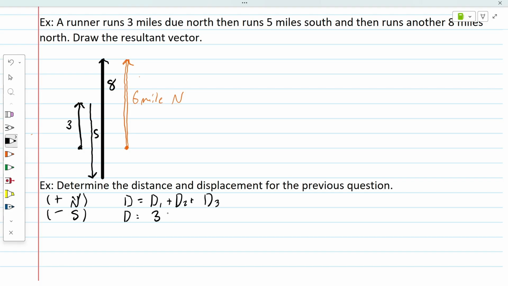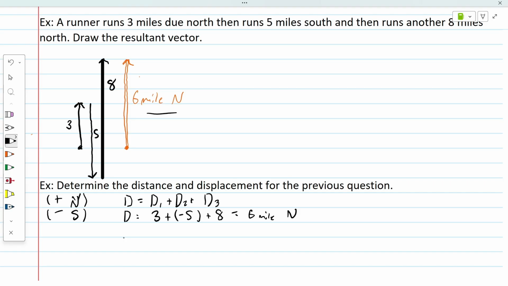Then it goes 5 miles south, so we're still adding this variable, but it's going in the negative direction because it's south, so we can say -5. And then the last part is another 8 miles north, so we can use +8. If we solve this out, we get 6 miles, and because it's positive, it's going north. That's the same answer we got up here using the drawing.